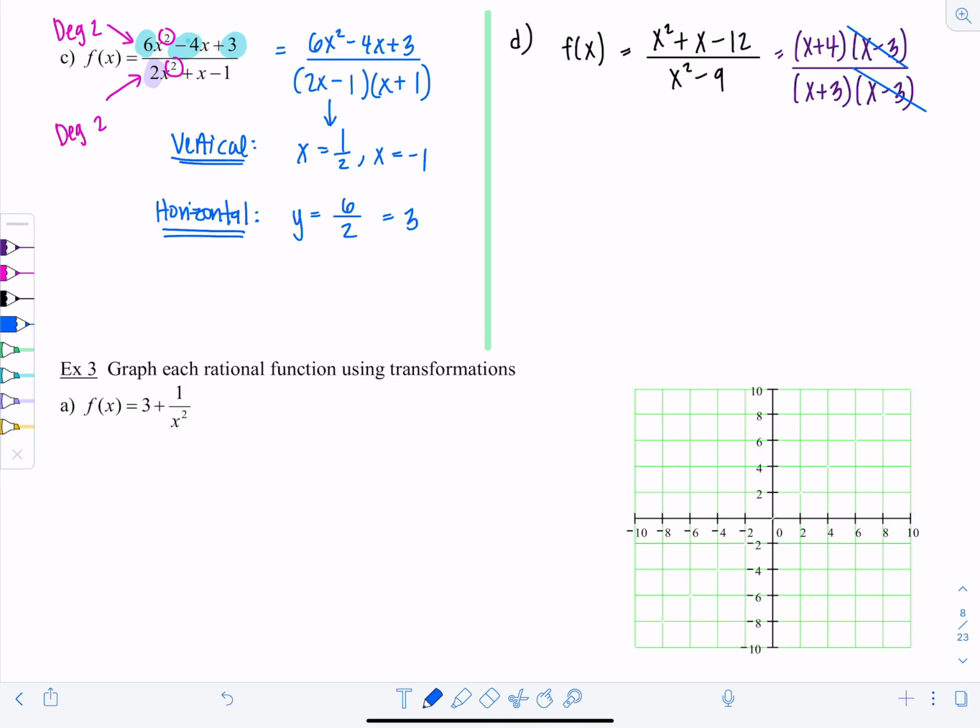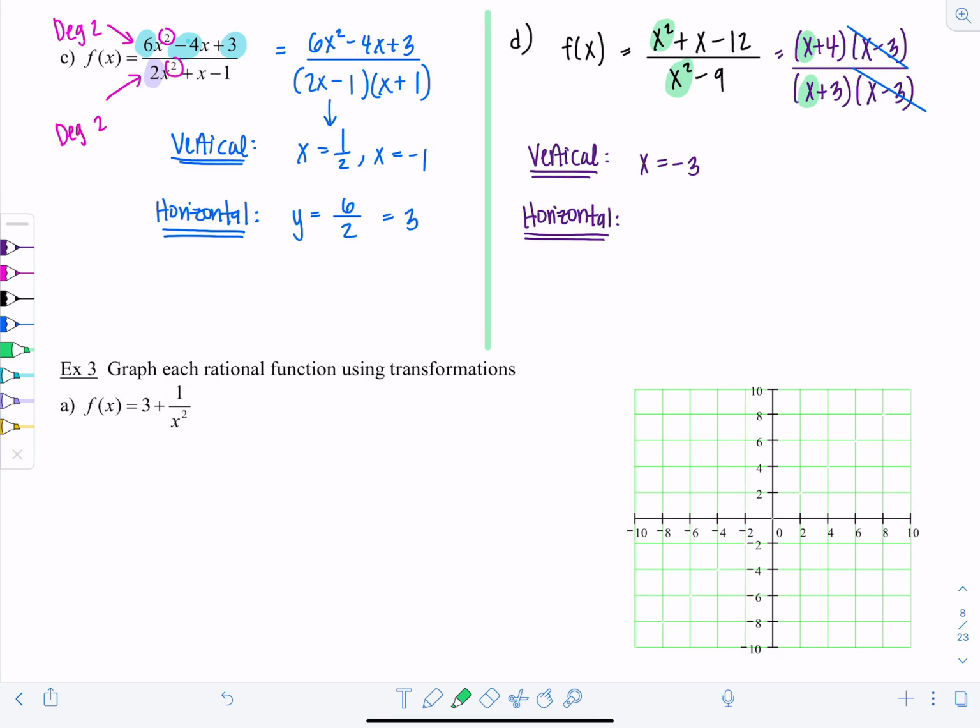And then from here, we can decide where the vertical and horizontal asymptotes are. Okay, so vertical asymptote would be at x equals -3 only. And horizontal, you could use the original or the reduced one. It doesn't matter. The degree of the numerator is 1. The degree of the denominator is 1. Or if you looked up before you canceled, degree is 2, degree is 2.